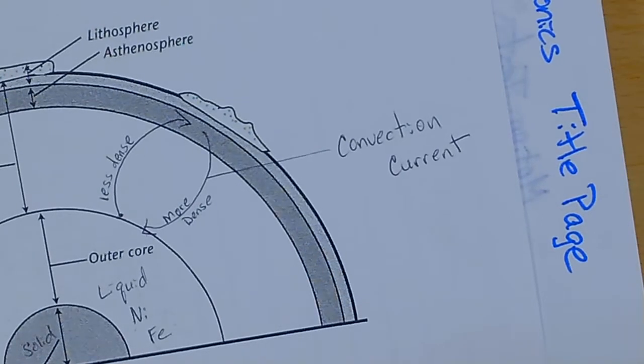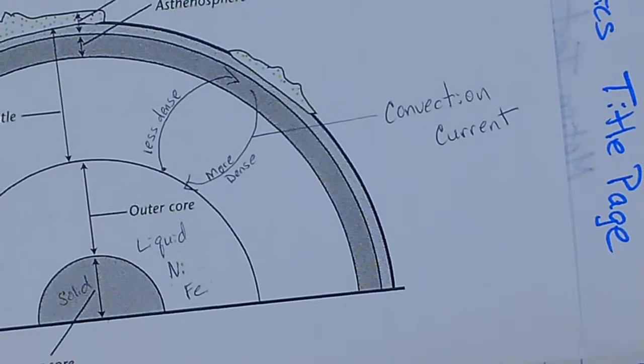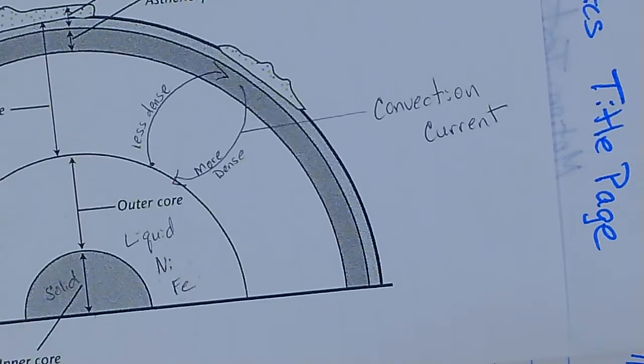But what he could not prove was that mechanism that caused the plates to move. And without that piece of evidence, the scientific community as a whole did not accept his hypothesis. And so his hypothesis of continental drift was not accepted at that point in time. But there were people that listened to what he said and said, yes, this makes sense to us.